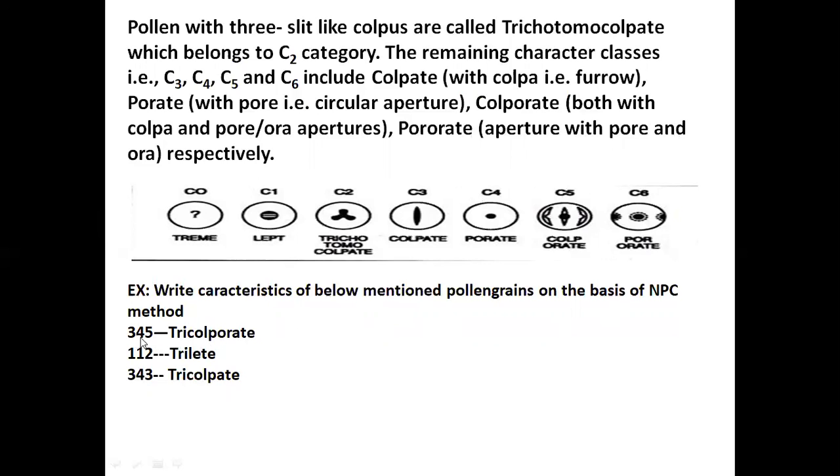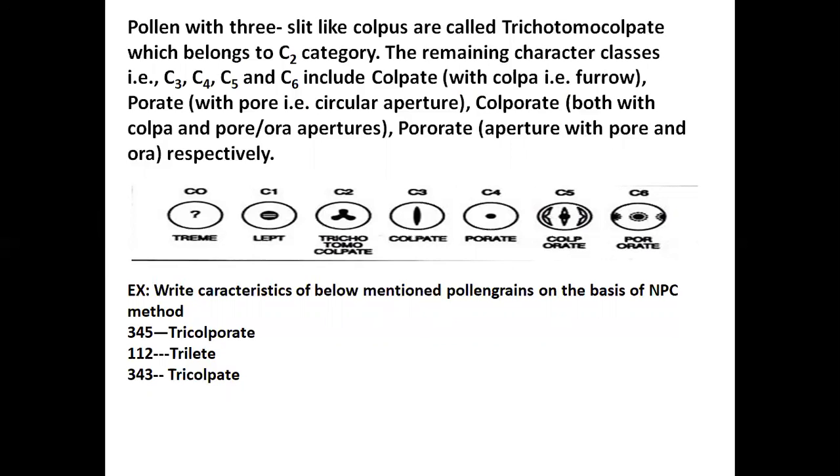For example, 345 indicates tricolporate. 3 means tritrimy, 3 apertures are there. 4 means colpoporate, both are present. 112, trilept. 343, tricolpate. So in this way, any pollen grain belonging to a particular taxon is indicated with a 3-digit code, which indicates the aperture characteristics.